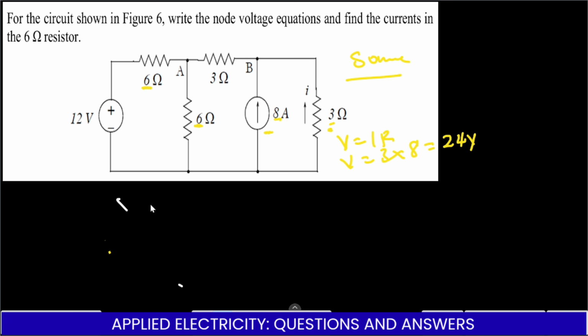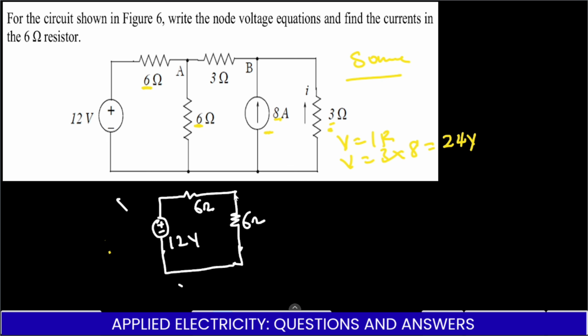Our circuit will now be this, with the resistance which is the 6 ohms, and then we have another resistance, another 6 ohms here. Our voltage source is 12 volts, and then finally we have the resistance.